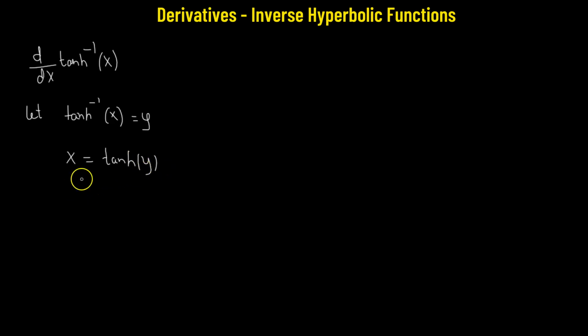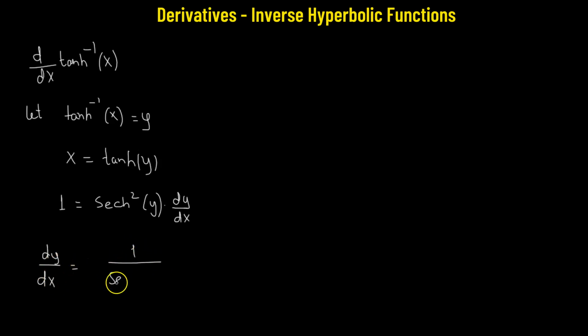Taking the derivative on both sides with respect to x gives us 1 equals, so what is the derivative of the hyperbolic tangent function? That is sech squared y times dy over dx, and dy over dx will be equal to 1 over sech squared y.